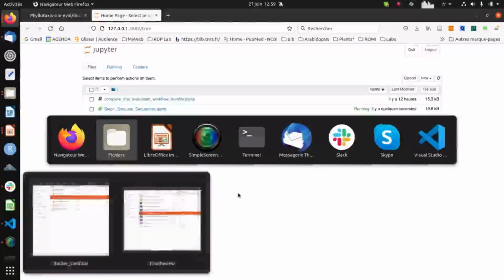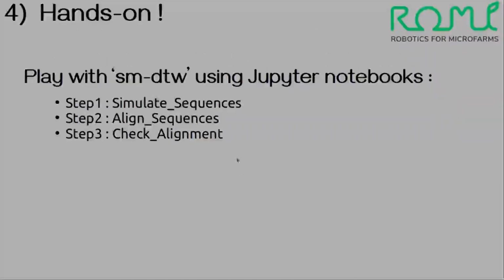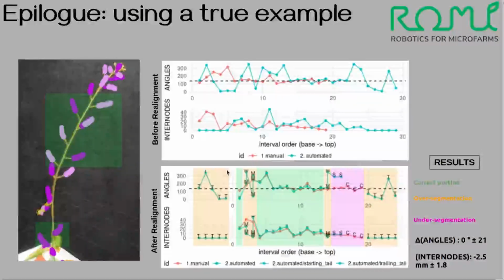And maybe to finish this tutorial, I will go back to the true example. Here in this tutorial we generated synthetic data, so it's not real phytotactic sequences; we generate the sequence we want. But we can of course use our DTW program to help us analyze a real phenotyping experiment.